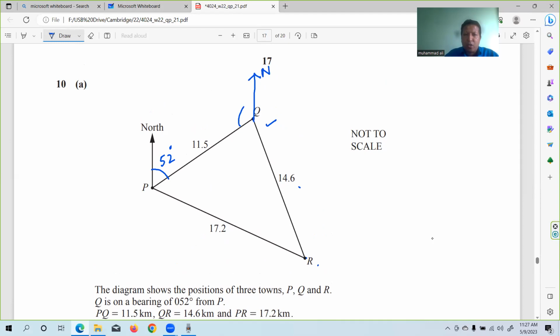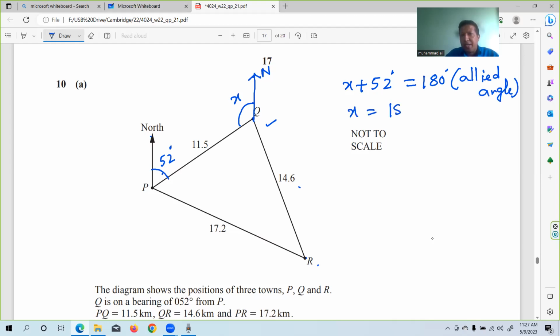At first, we should find out the value of X. So X plus 52 degrees, the addition of both is 180 degrees. It is said to be allied angle. So X equals 180 degrees minus 52 degrees, so it will be 128 degrees.